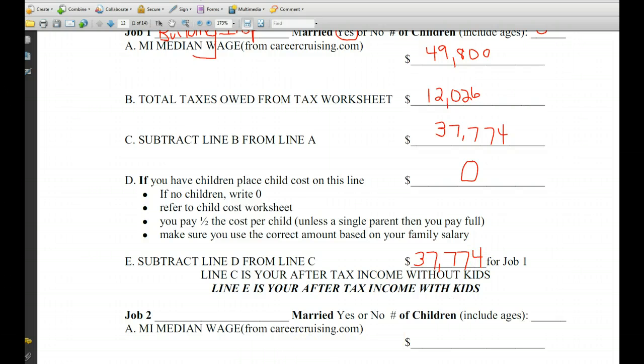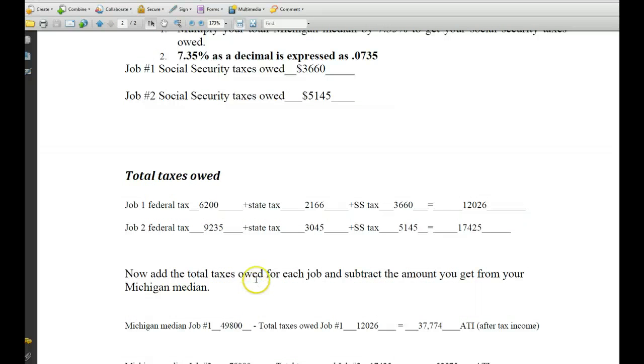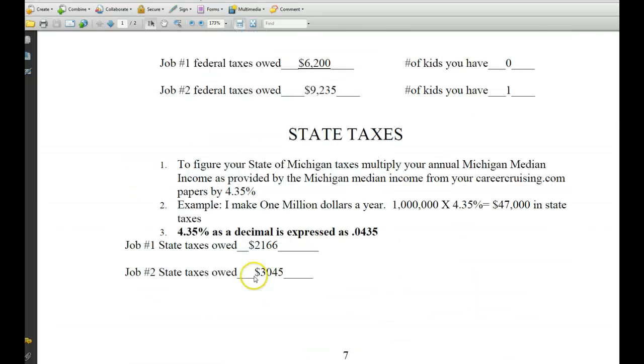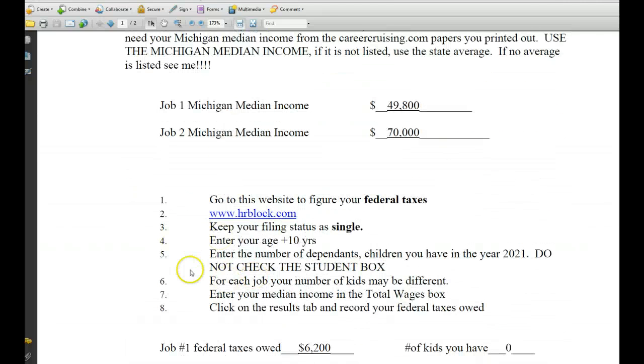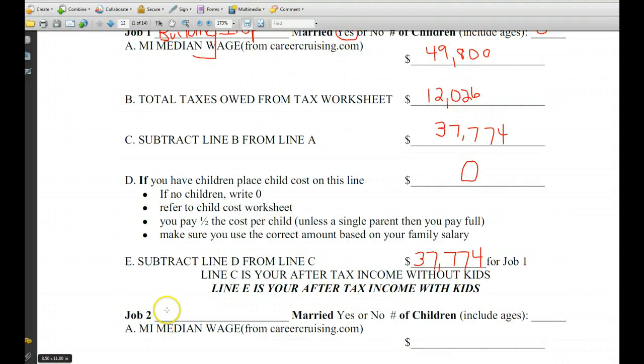All right, so my job two. My Michigan median income is $70,000. My job two was an explosives specialist. Sorry, my writing's bad with the computer mouse.